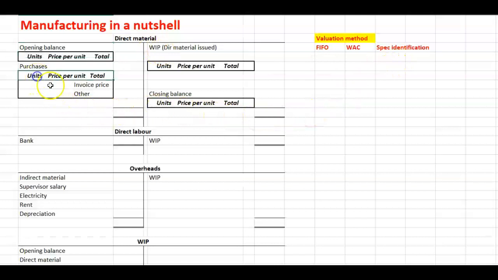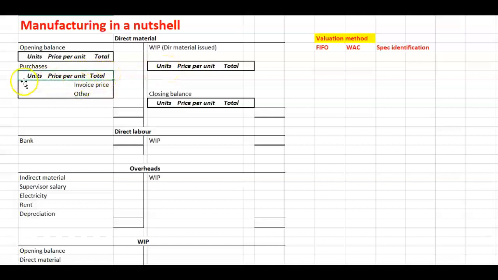And then we are going to do more purchases of raw material, and then we will issue of our purchases going from top to bottom based on the units that we have purchased, whether that falls within this number of units that we have actually issued at the price per unit.